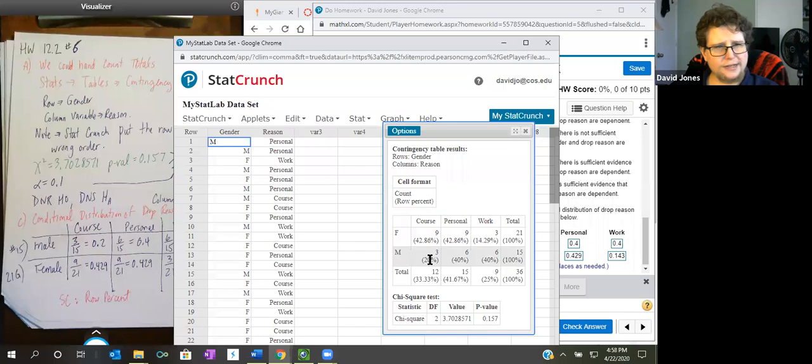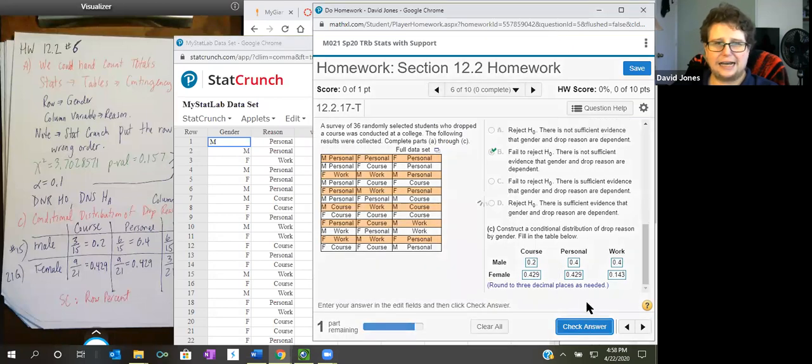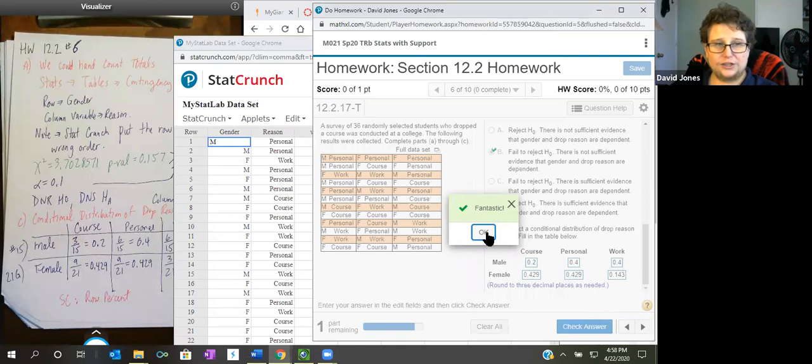Min was 20% or 0.2, 40% or 0.4. This turns to a decimal as 0.4286. To 3 decimal places is 0.429. And you'll notice if I click check answer, I have it. So it's doable by hand.